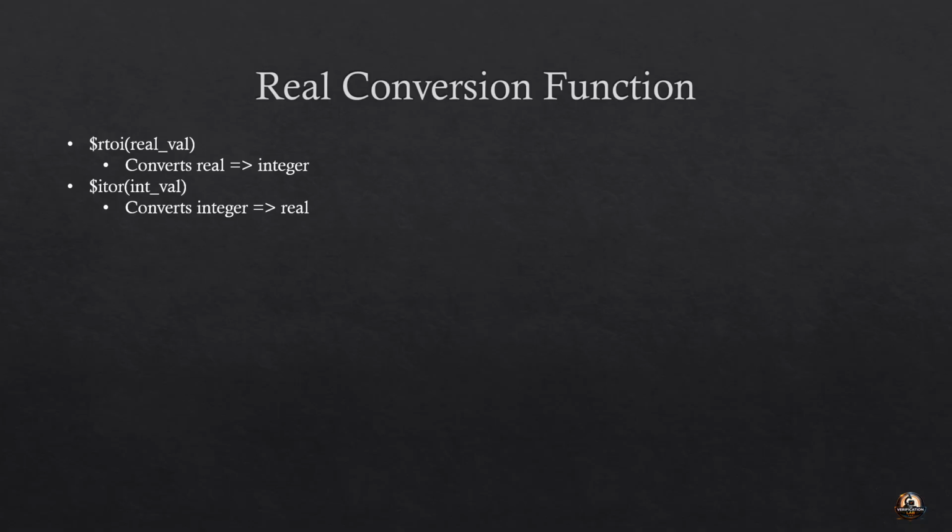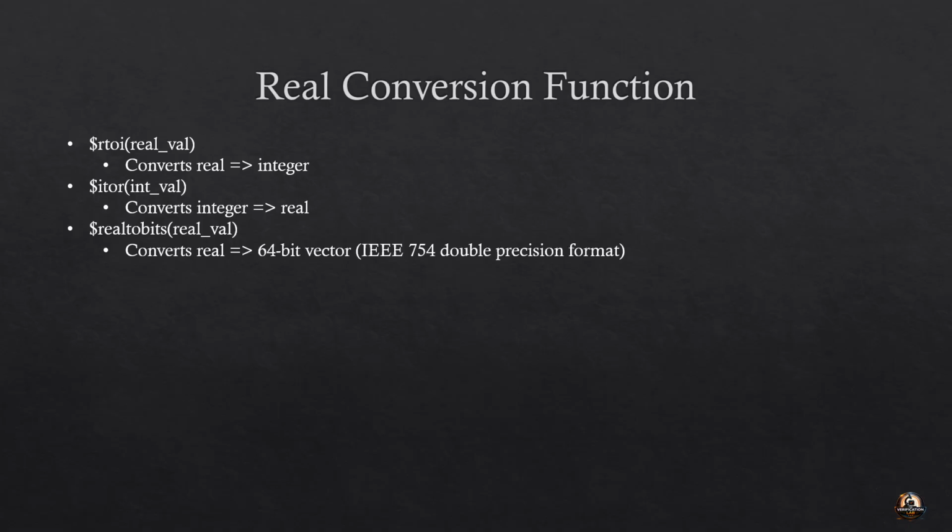We put an integer value, we get a real value. $realtobits. So if we put a real value, it will convert to the IEEE 754 double precision format. Similarly, $bitstoreal is the reverse. If we put the bit value, it will convert to real.